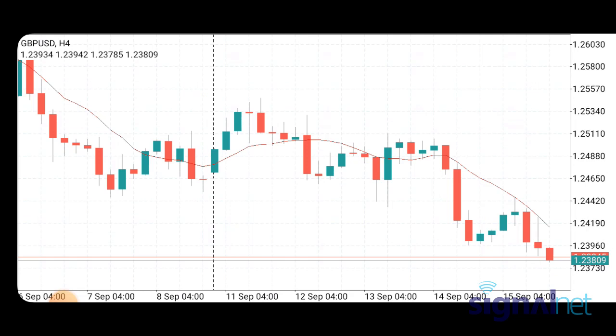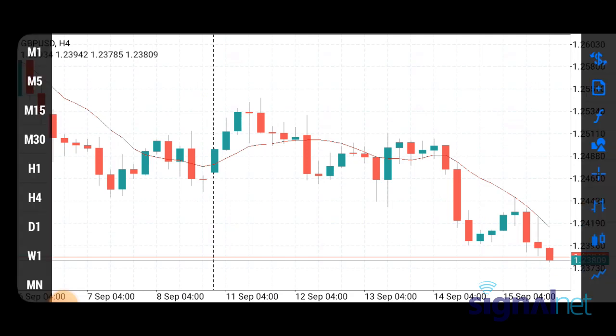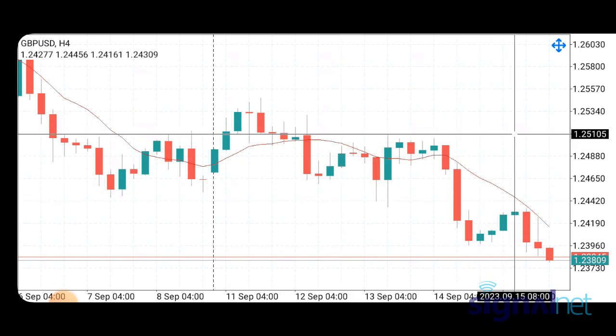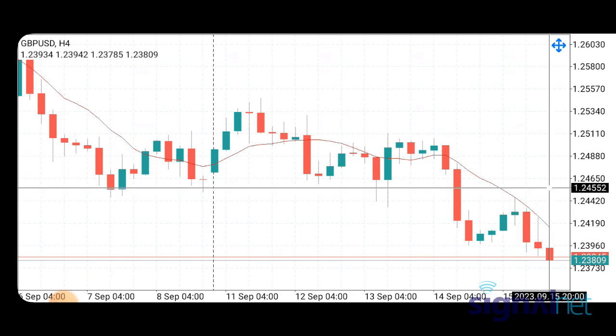Let me just check the exact level. Any entry you're doing for a sell here, about 445, should be the level that you use as your stop loss. We're still expecting more declines, but that's the stop loss zone we'll be looking at.